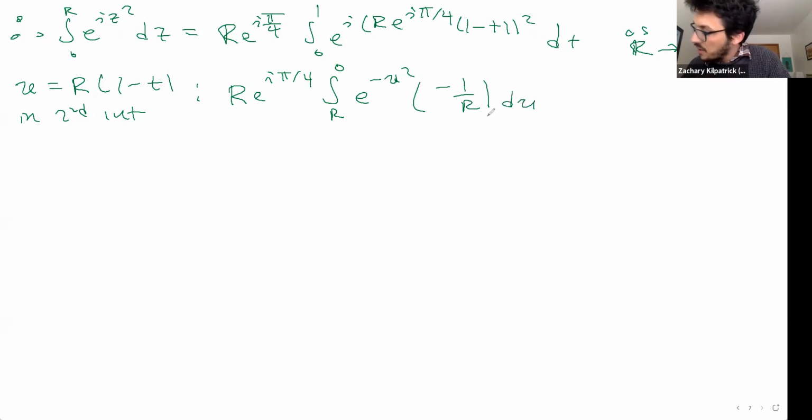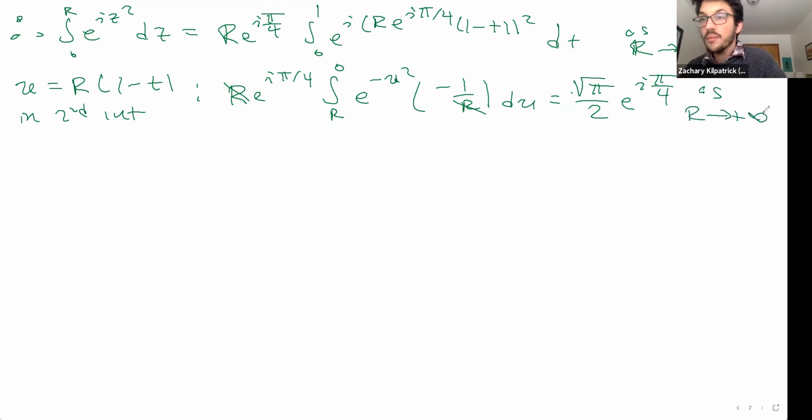These r's are now going to cancel. And this is an integral I can do. It's just going to be a Gaussian integral. And so I get the square root of pi over 2 e to the i pi over 4, as r goes to positive infinity. Okay. So that's our result.